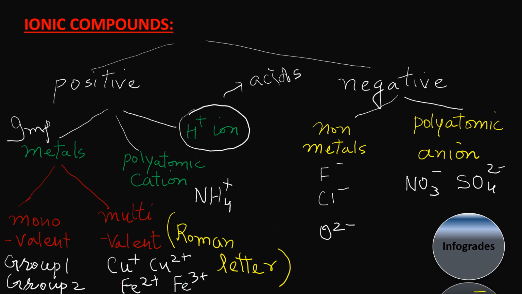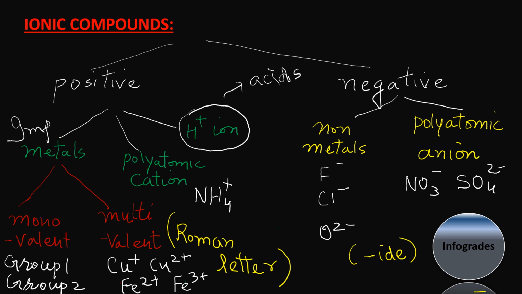And for non-metals, the important rule to keep in mind is that when we write the name of the non-metal, we end it with ide. If it is fluorine, the name is going to be fluoride.